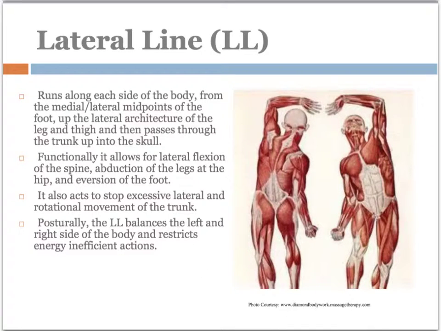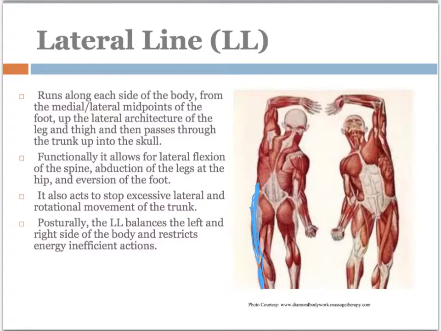The lateral line brackets each side of the body beginning from the medial underside of the foot, around the outside ankle, up the lateral sides of the legs, through the peroneals, up through the outside of the thigh and the iliotibial tract, up towards the outside of the hip, towards the waist.